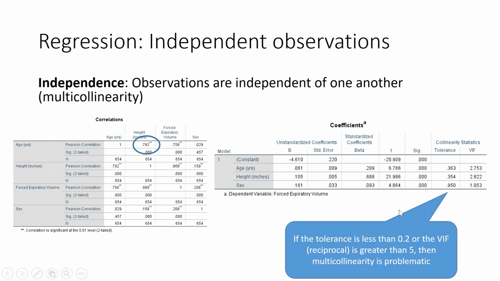When you have high multicollinearity in a regression analysis, your standard errors, and as a result your confidence intervals, are not stable. They're not interpretable in some instances.